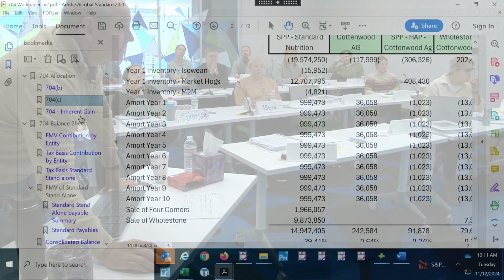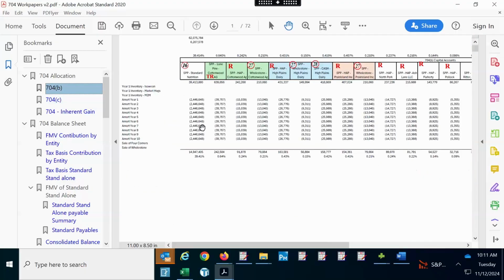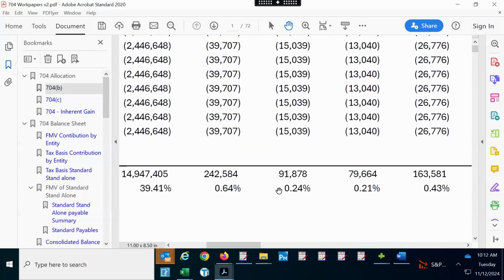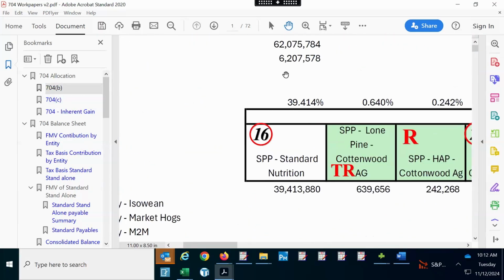The second bucket was depreciation. And Kelsey, where do you start for who gets what depreciation? 704B. So you go to the 704B account. The depreciation was 62 million, or the fair value was 62 million based on the underlying assets.